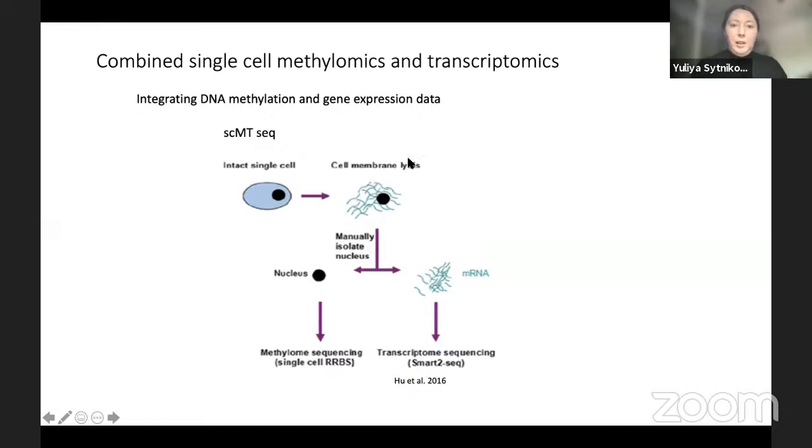So you separate cells into a single cell population, isolate nuclei and cytoplasm, and from cytoplasm one prepares an RNA library, usually by the Smart-seq approach, and from nuclei one does bisulfite sequencing, and by combining these methods, one could figure out how methylation of individual CpGs affects RNA.